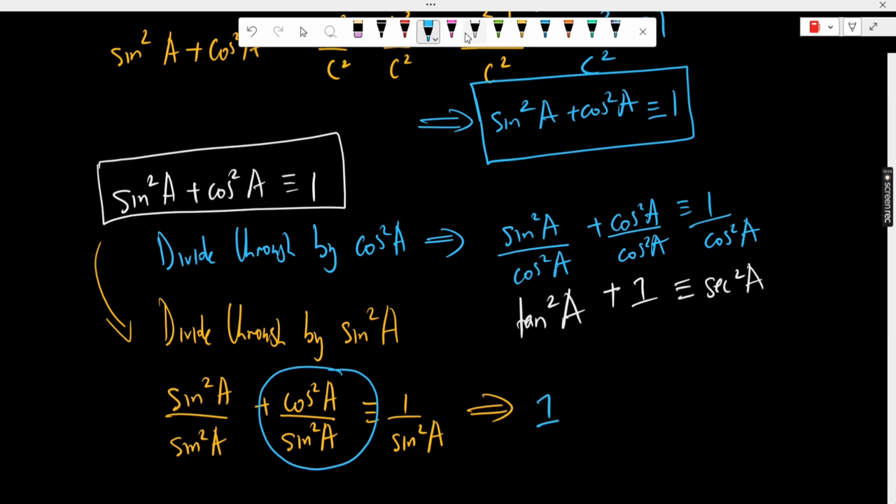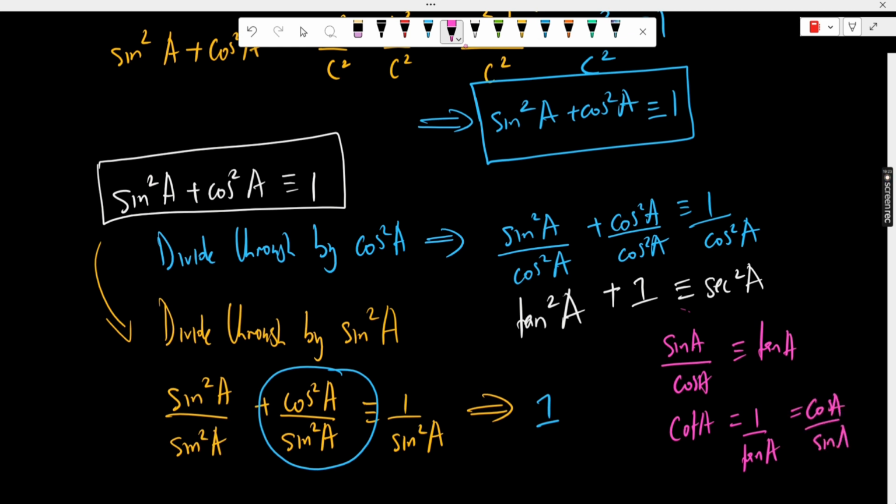Yes, sir. So let me jot that down. We say that sine A over cos A is equivalent to tan A. But cot A is 1 over tan A, which would therefore be equal to cos A over sine A. Right, that is where that comes in.